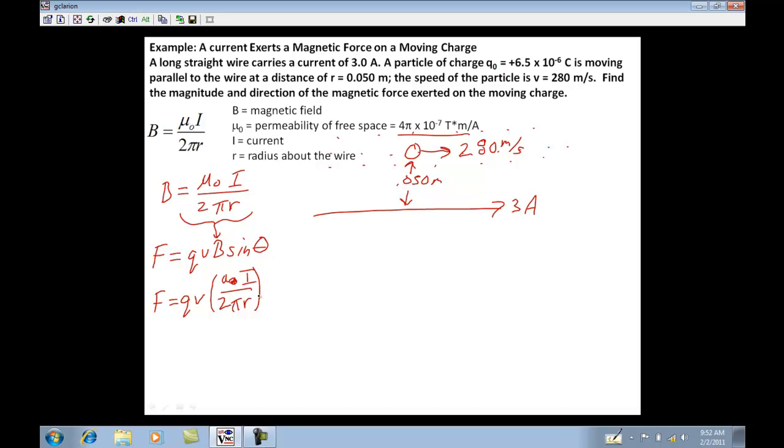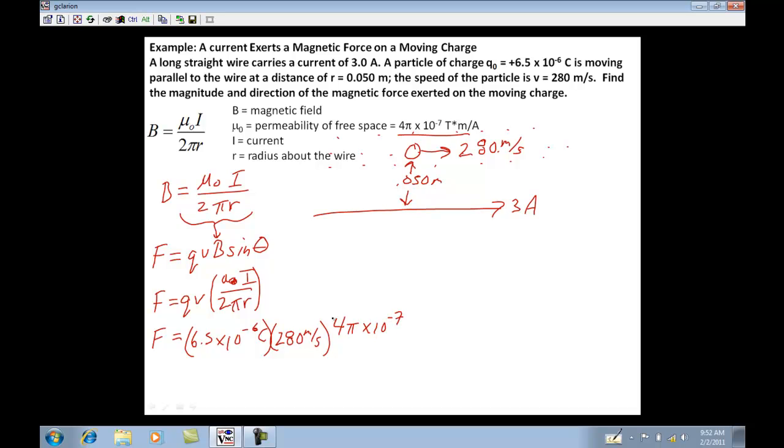All right, as I plug my values in here, what's the value of the charge Q? Good, 6.5 times 10 to the minus 6 coulombs. What's its velocity? 280 meters per second. Mu sub 0's value, you just have to put in your calculator, 4 pi times 10 to the minus 7th.